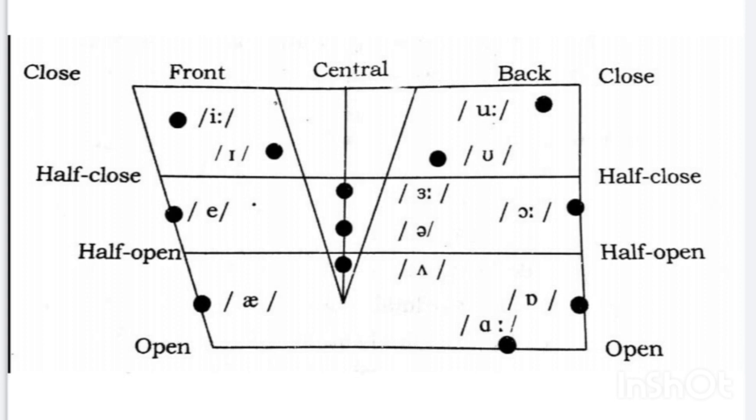Now, what you have to keep in mind is that among the front vowels, only one is a long vowel. Just as a recap, there are 20 distinct vowel sounds in English in the Received Pronunciation of England.